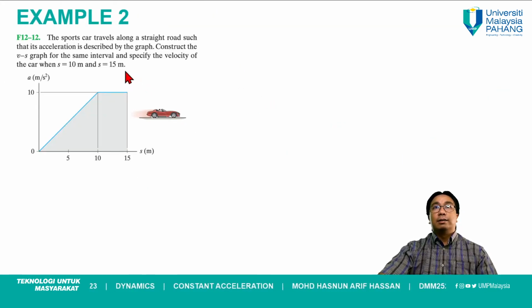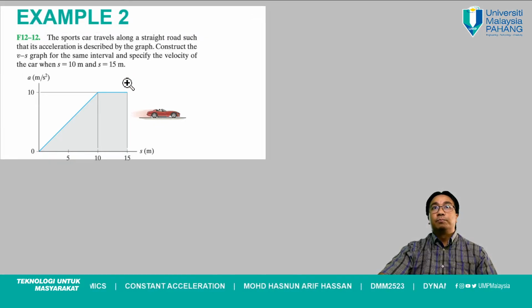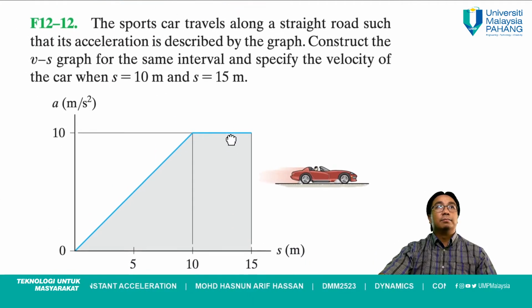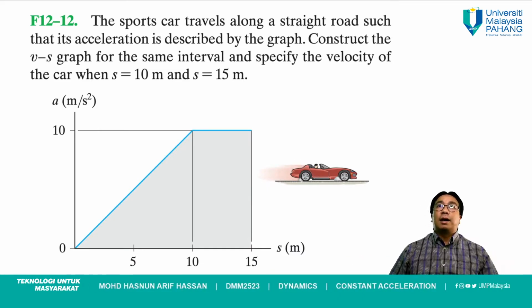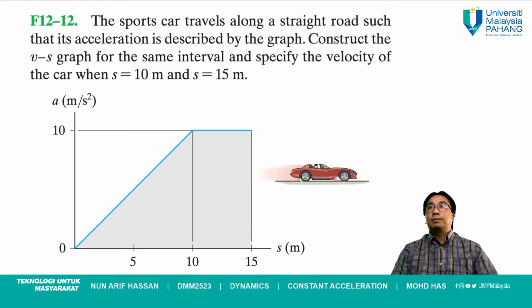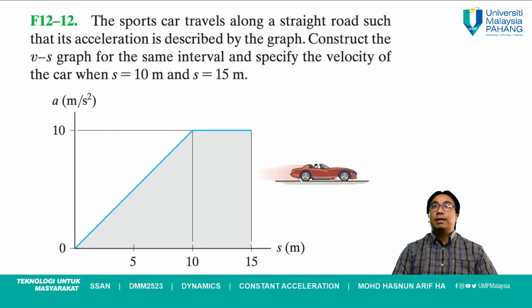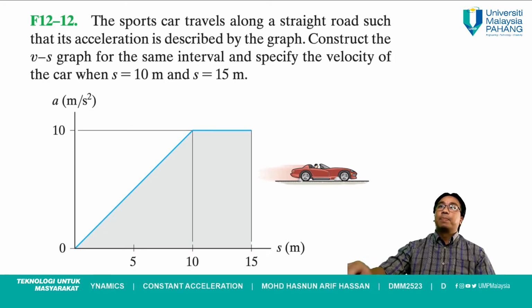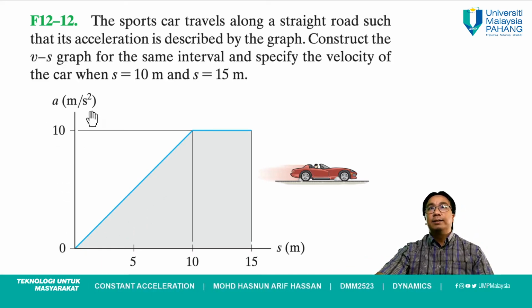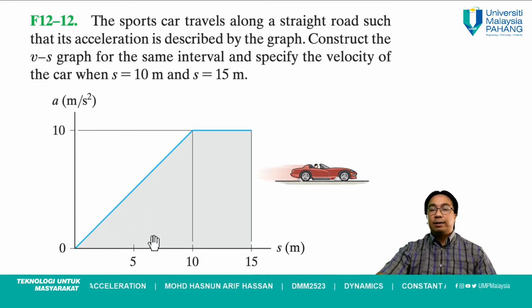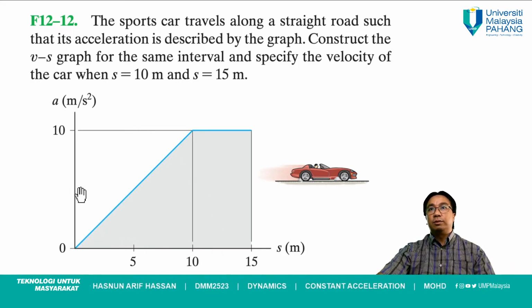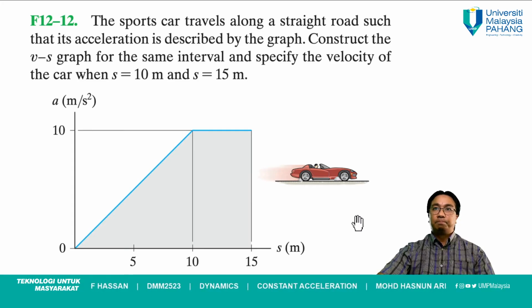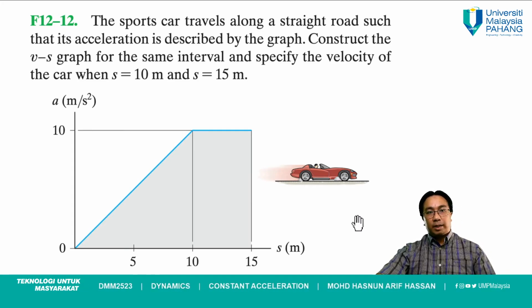Let's look at example number 2. Okay, I zoom in a bit here. Alright, the sports car travels along a straight road such that its acceleration is described by the graph. Now what is the difference between the previous question and this question? What can you see from the graph?